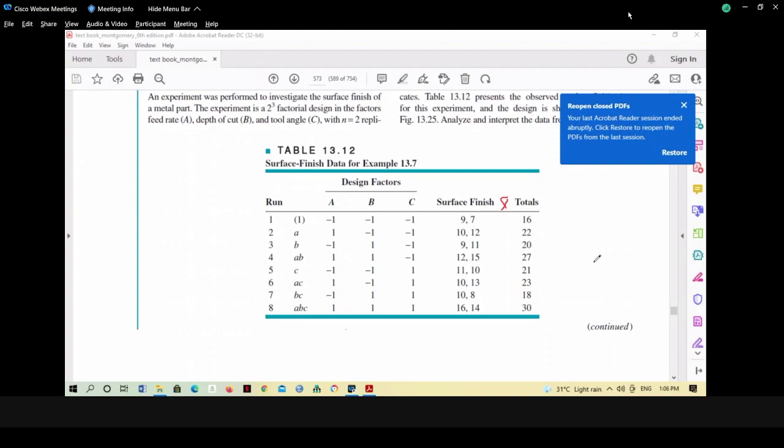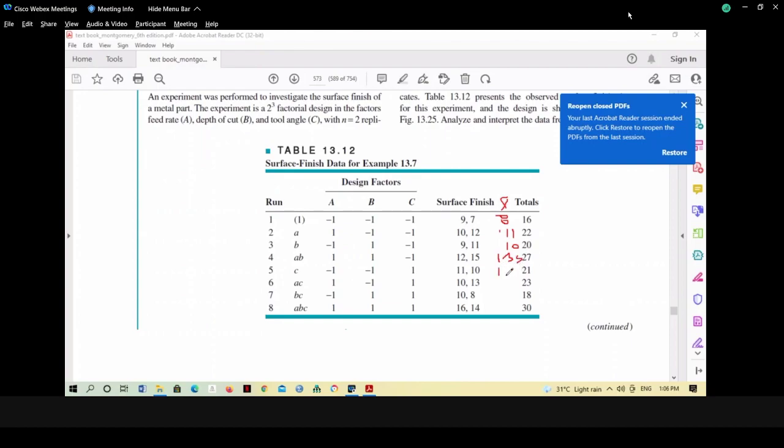Remember the previous example. This one should be 8, 8, and then 11. Refer to previous notes. This one should be 10, 13.5, and then 10.5.